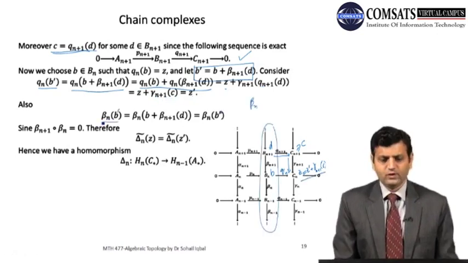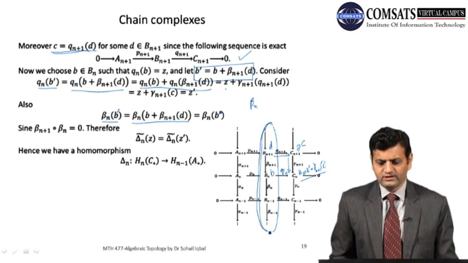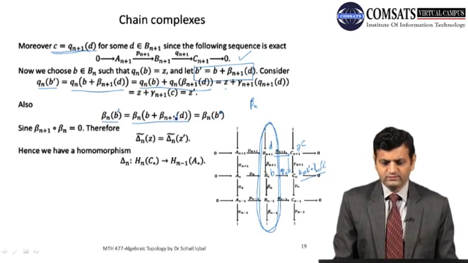Now also consider beta n of B prime. B prime is equal to B plus beta n plus 1 of D, and since this portion is a chain complex, the composition of any two consecutive maps is 0, so that term becomes 0 and we have beta n of B. So basically if we have two elements Z and Z prime such that their classes are equal inside this homology group, then their images are the same.